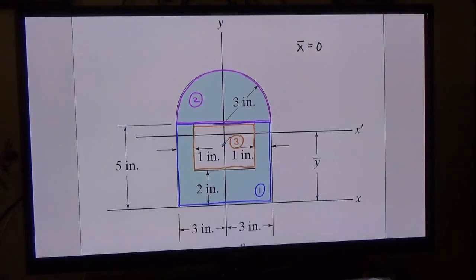So my calculation for x bar would be equal to 0 because of the symmetry. I would have to calculate y bar in order to determine moment of inertia about x prime. Right? They use the symbol x prime for the centroidal axis. I usually use symbol of x hat.